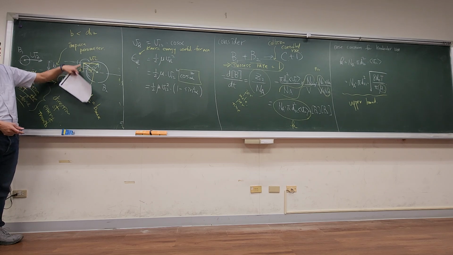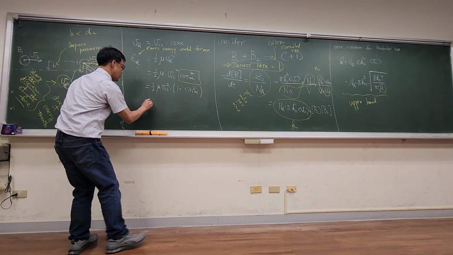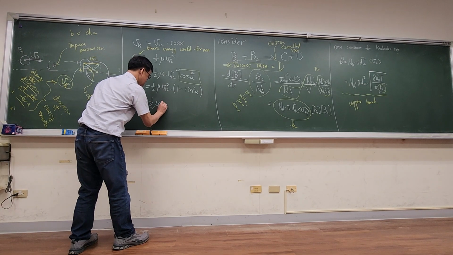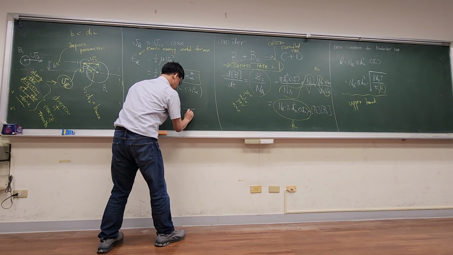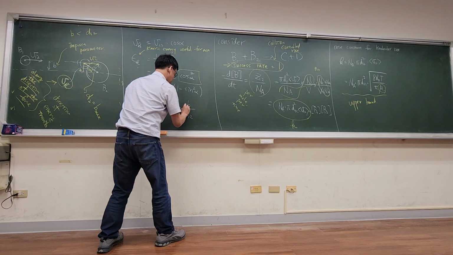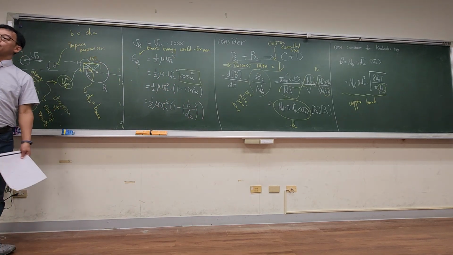Here is B. So sine alpha is B divided by D12. And I call D12 B maximum.